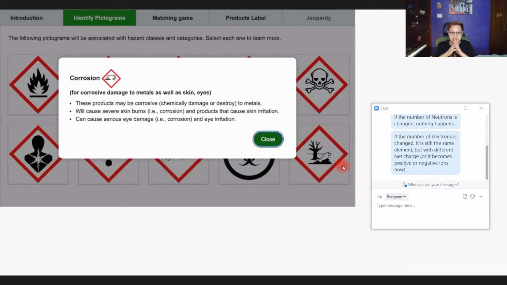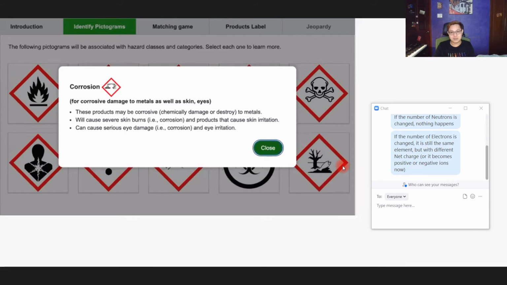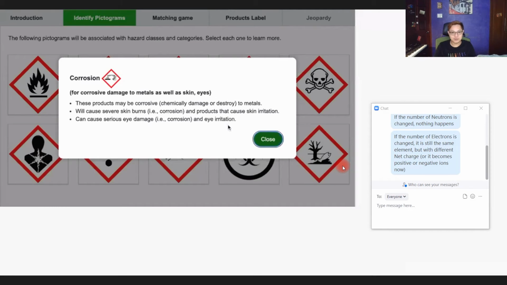Oof, that sounds rough. That's why when you work with chemicals, you have to be very careful. For example, with chemicals that produce gases, you have to have well-ventilated rooms, like fans and open windows and things like that. Of course, these things are very rough.